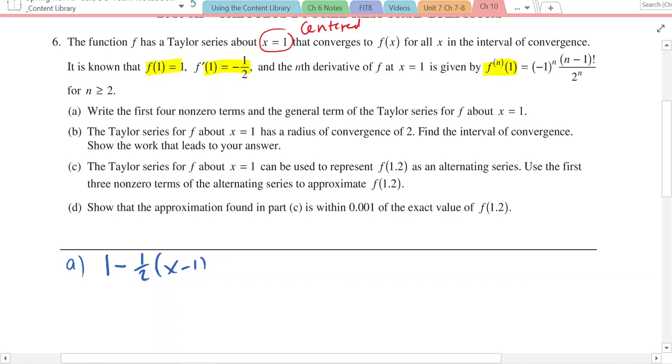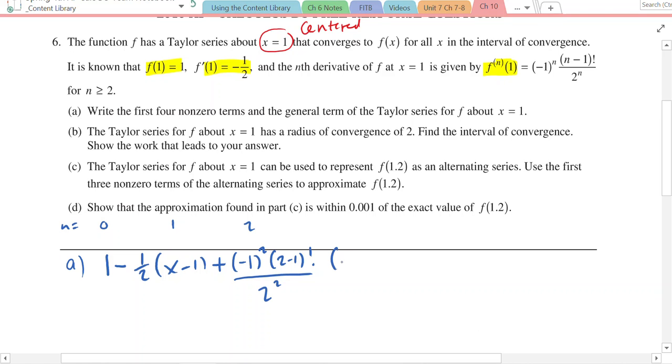And then my next term is going to be plus, and it's going to be negative 1 squared. If we're looking at our n's, this is 0, this is 1, this is 2. So it says the coefficient, the derivative, I got negative 1 squared times 2 minus 1 factorial over 2 squared.